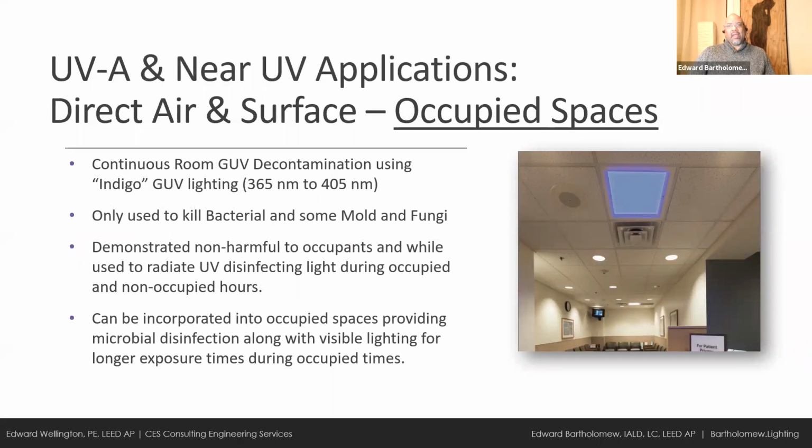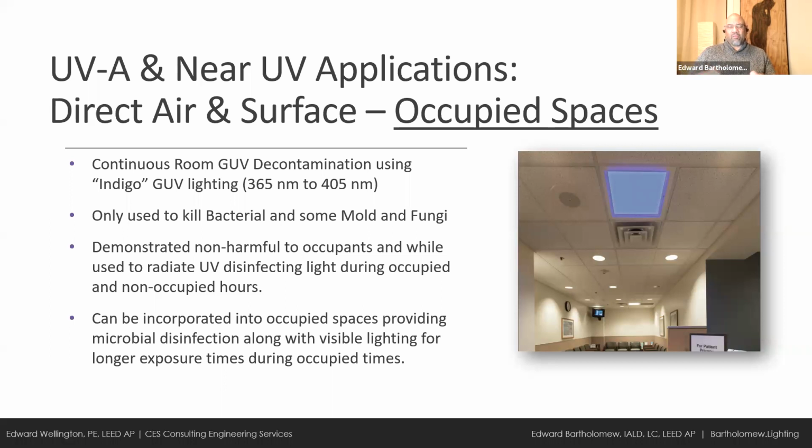Then you have UVA and near UV applications, direct air and surface. These are for continuous decontamination. They are in the range of 365 nanometers to 405 nanometers. They're only used to kill bacteria and maybe some mold and fungi.